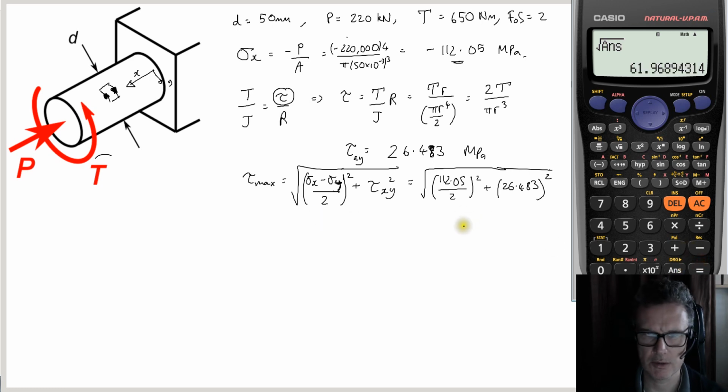Okay, so that's plausible. 61.969 megapascals.